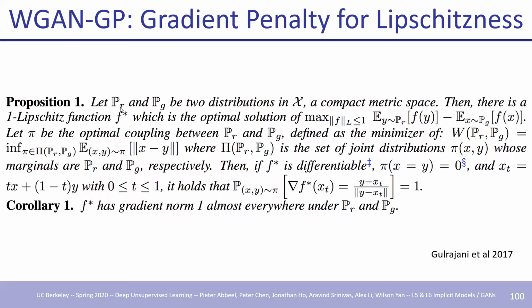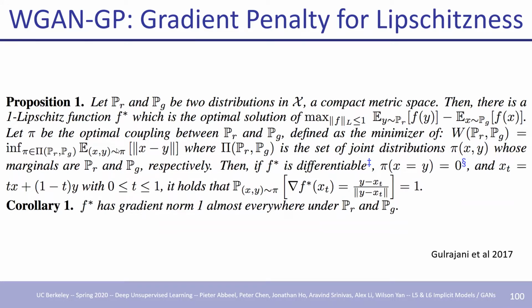Then there is an f star, a 1-Lipschitz function that we can use to find the Wasserstein distance. Let pi be the optimal coupling between PR and PG, defined as the minimizer of the original formulation of the Wasserstein distance.